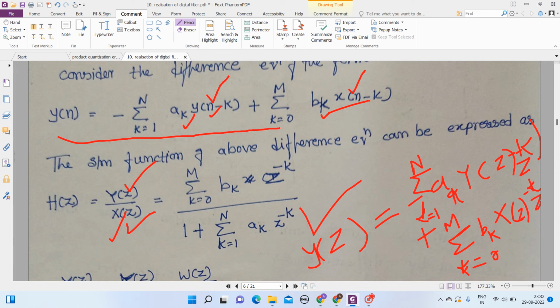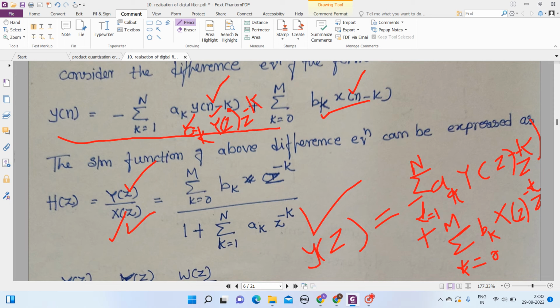That's all. Y of z is equal to minus summation k is equal to 1 to n a subscript k y of z, z to the power of minus k.